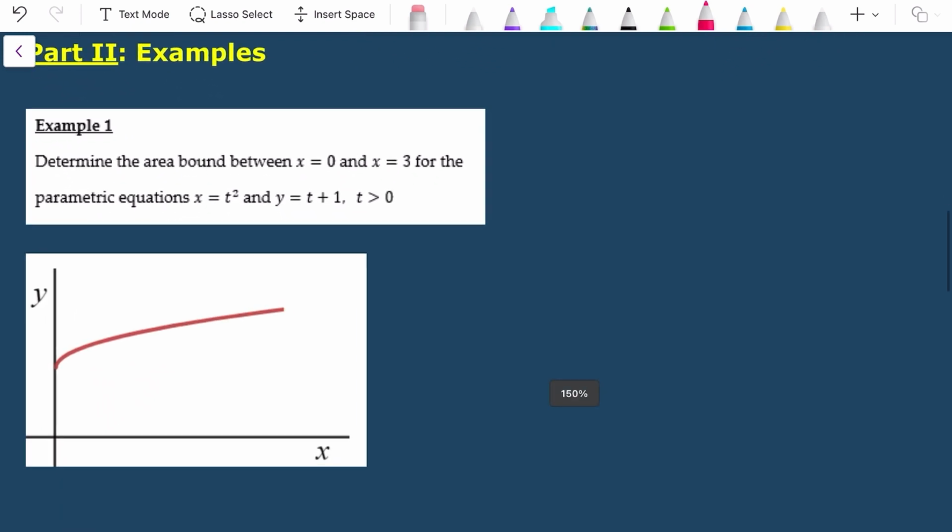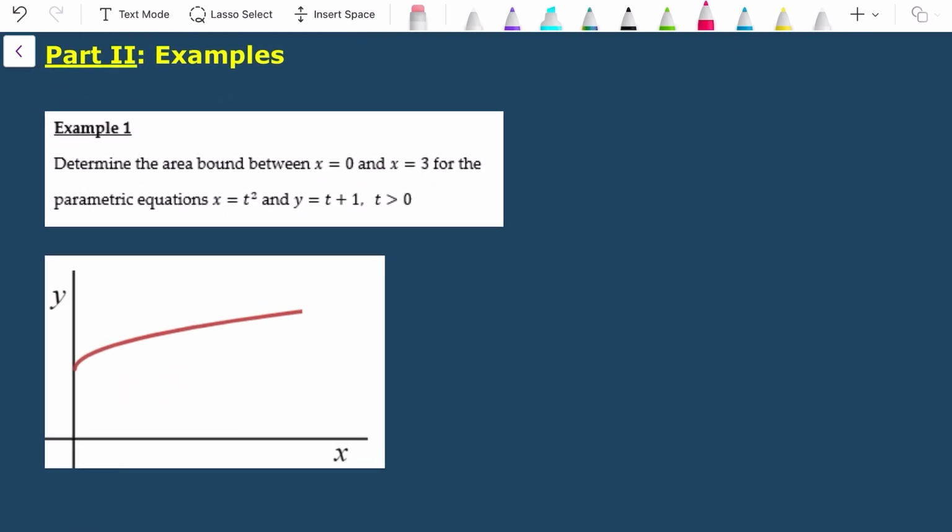So our first example tells us: determine the area bound between x equals 0 and x equals 3 for the parametric equations x equals t squared and y equals t plus 1, where t is greater than 0. So I'm going to just write down the formula I want to use, the integral of y dx/dt dt.